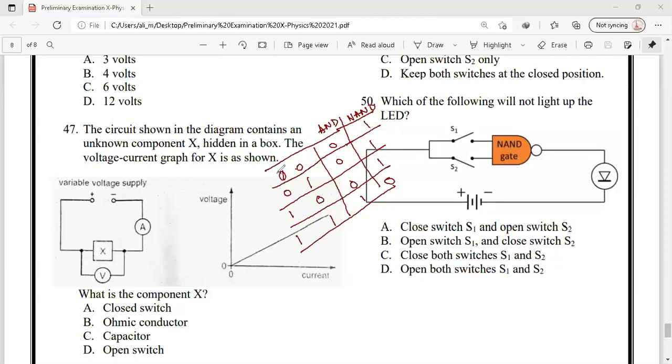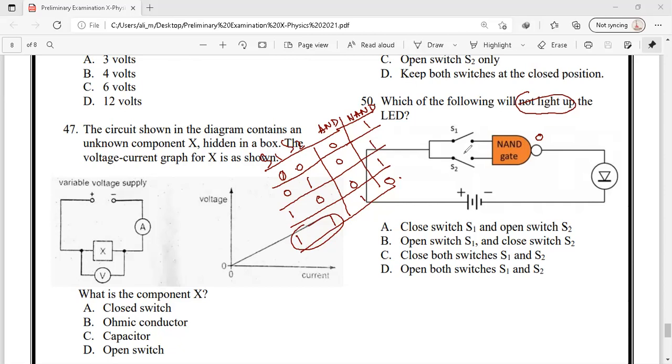So this is the truth table of our AND and NAND gate. The output we need is 0 because this LED will not light up. The output of NAND is 0 when both of the inputs S1 and S2 are 1. So both switches should be closed.